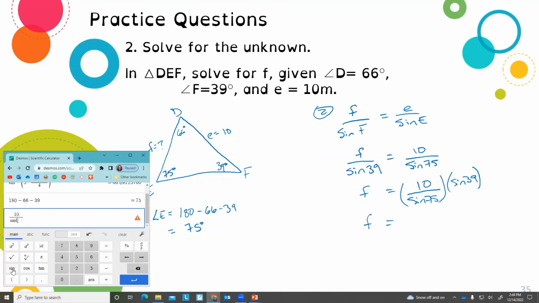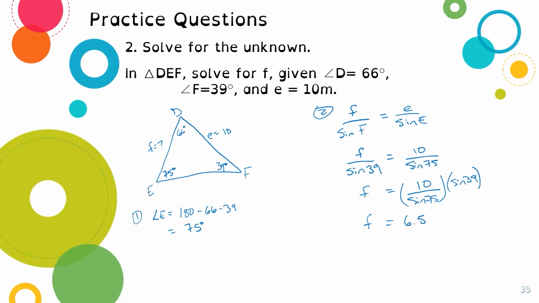So 10 divided by sine 75 times sine 39 is equal to 6.5. So side F is equal to 6.5 meters. It's going to be the same unit that your other side is in. And that's how we find an unknown side.